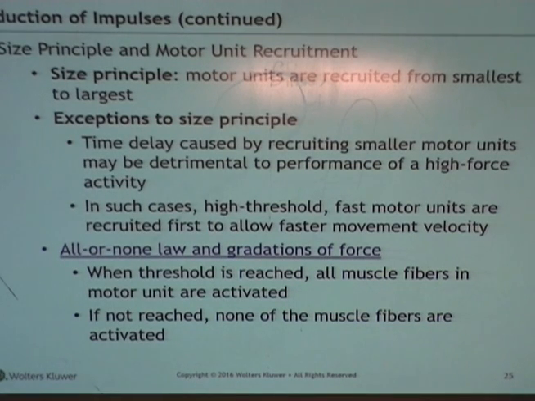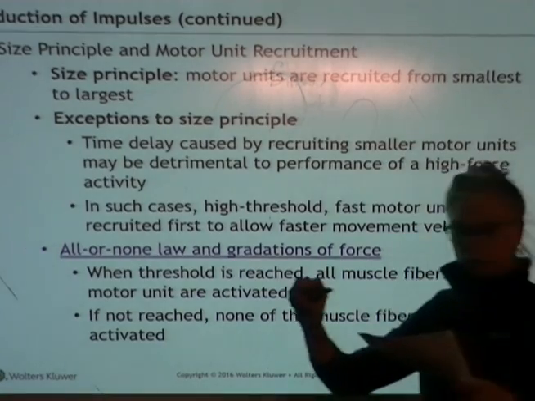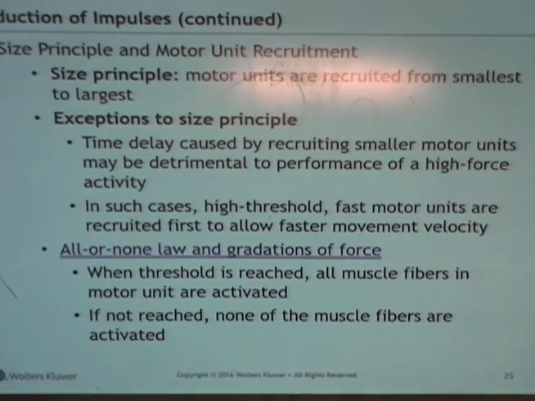So what we see is that our motor units are turned on, they're stimulated and recruited to contract based on size. We go from the smallest to the largest. So that allows me to regulate the number and the size of the unit that I'm contracting.